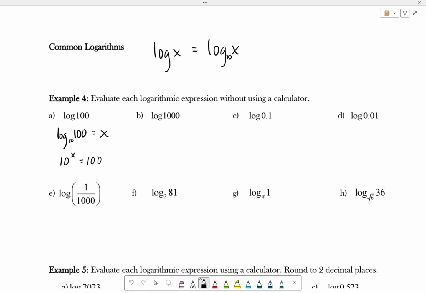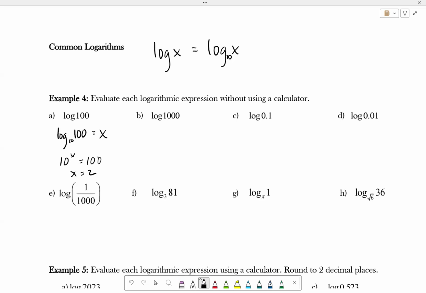So one way I think about these logs: log base 10 of 100 equals y means 10 to the y equals 100. Base to the whatever's there equals the number. That's what's happening when I put that x there. I'm saying 10 to the what? I don't know what this is. So 10 to the what equals 100. That's just what it means. So that's how we get x equals 2 from just your knowledge of squaring stuff.